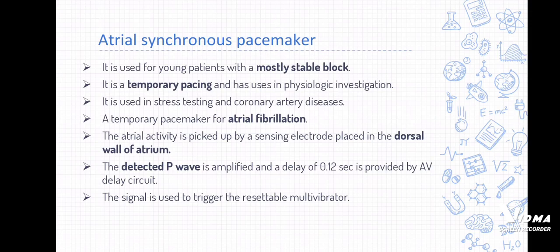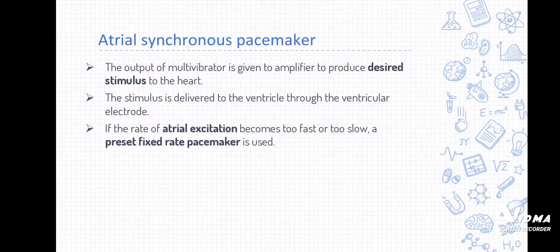If the P wave amplitude is not at the normal value, then the fixed rate pacemaker will turn on. If the P wave amplitude is normal, then the fixed rate pacemaker is off. If the fixed rate pacemaker is on, then the output is given to the amplifier and the amplitude signal is given to the ventricle through the electrode.